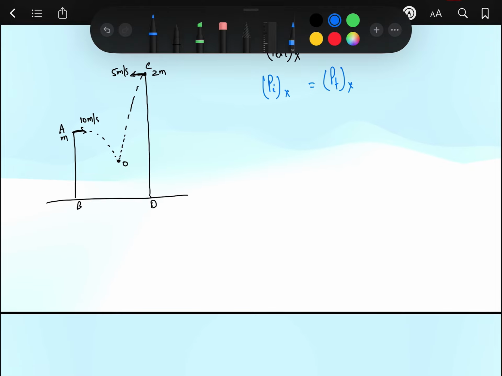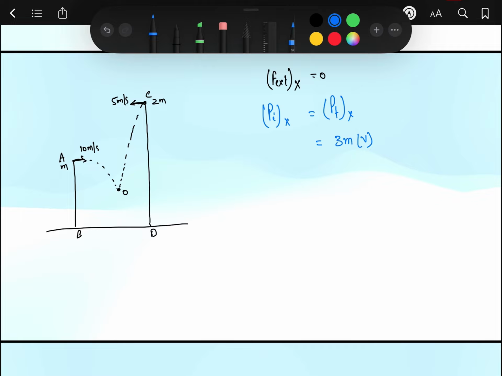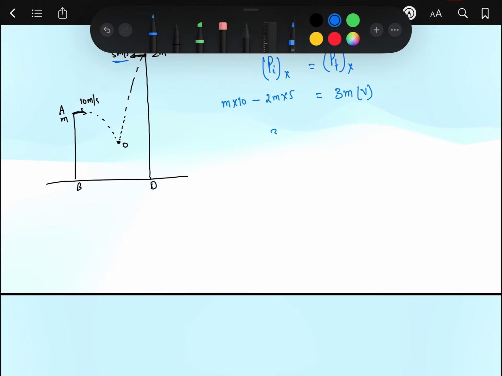When they collide, they will stick to each other, so their final mass will be 3m, and let us suppose their velocity is v. Now we write the momentum for the individual particles. For the first particle, m into 10, and for the second particle the momentum will be negative, because this 5 meter per second is in the negative direction, that is 2m into 5. So 3mv will be equal to what?